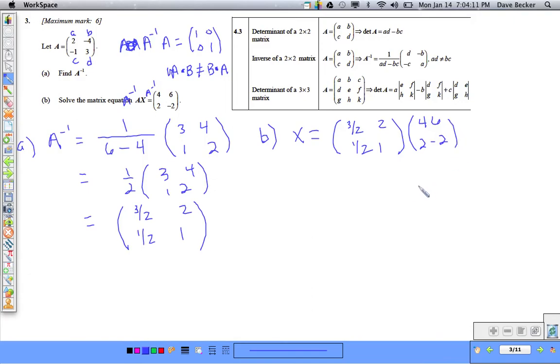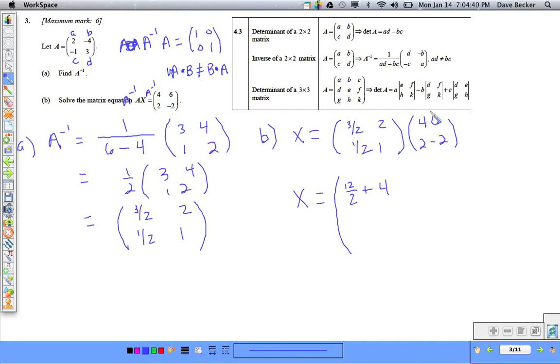Okay? And then you have to remember how to multiply matrices. So I have a 2 by 2 times a 2 by 2. Okay, so I have to get my first component, and my first component is going to be row 1 times column 1. 3/2 times 4 is 12 over 2 plus 2 times 2 is 4.